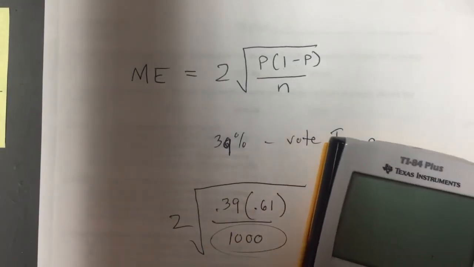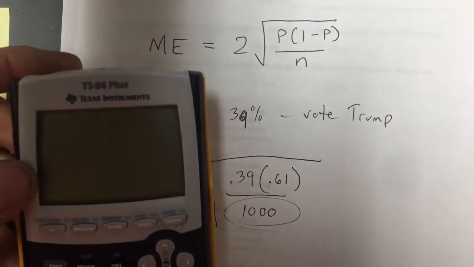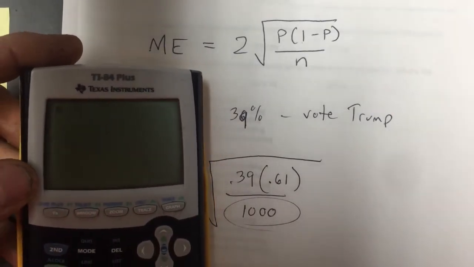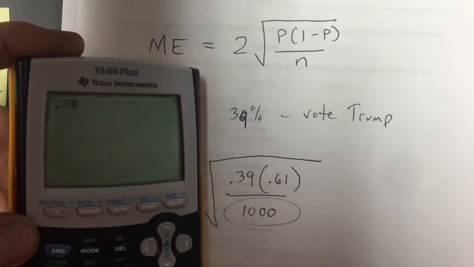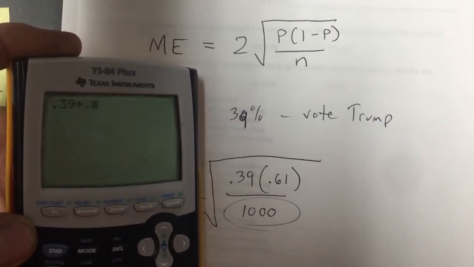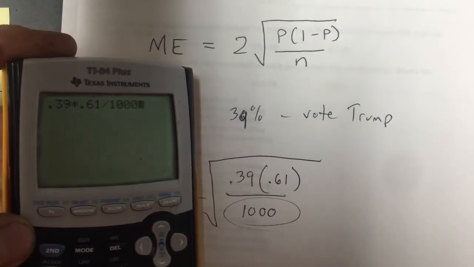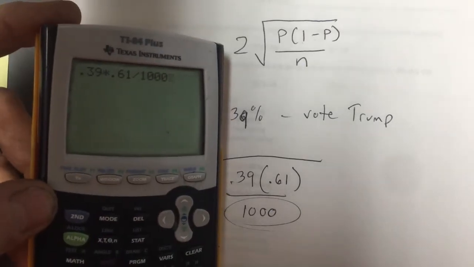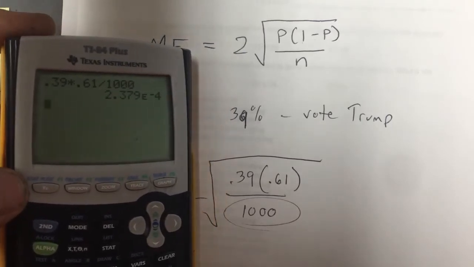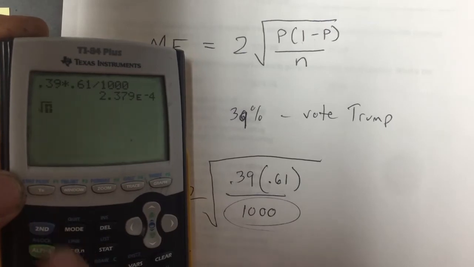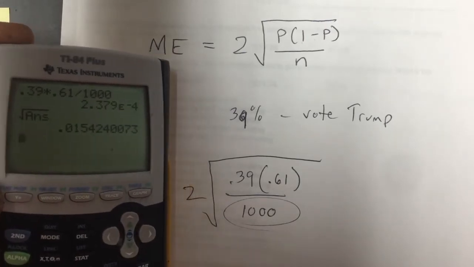Let's get my calculator here. 0.39 times 0.61 divided by 1,000. All right, now I'm going to do the square root of that answer, and then I'm going to times it by the 2 here.